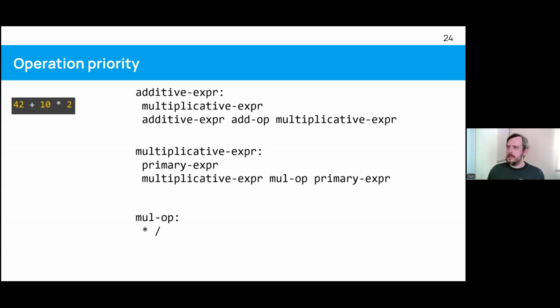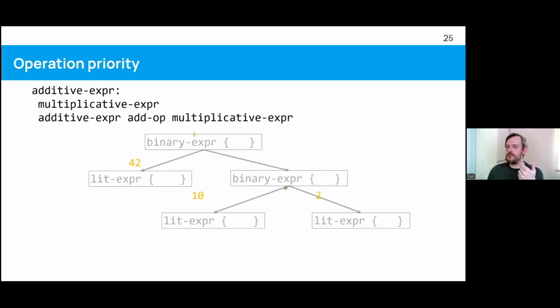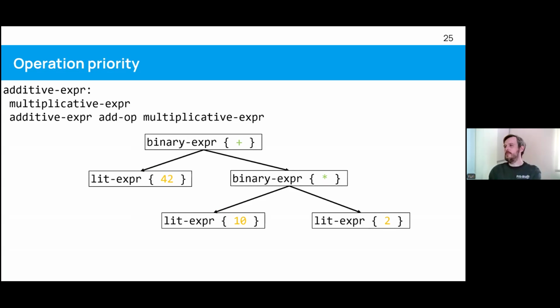And for this multiplicative expression, our tree will look like that. So when we have addition, addition, addition, we had a tree growing to the left. Here we will have really quite a branched tree in some cases, depending on how many of those we mix together.